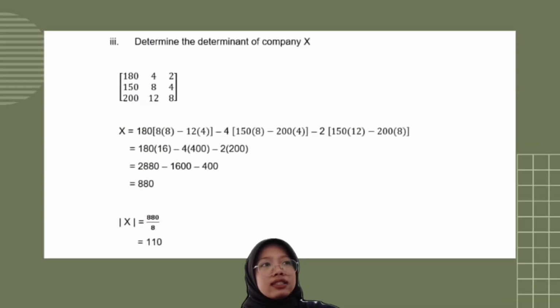So step 3 is we need to determine the determinant for company X. First we need to multiply each term. Like the first term, 880 multiplied by 60 equals 2880. Second term is 4 multiplied by 400 equals 1600.